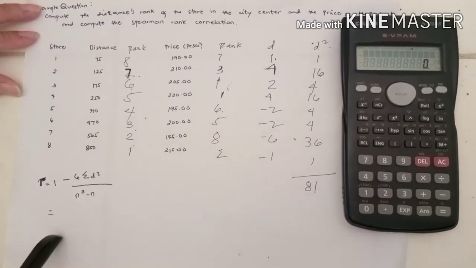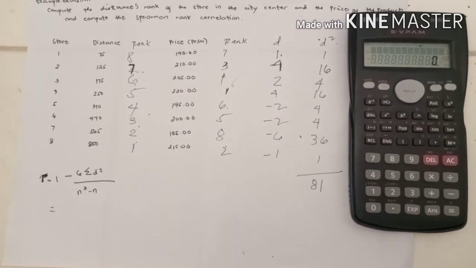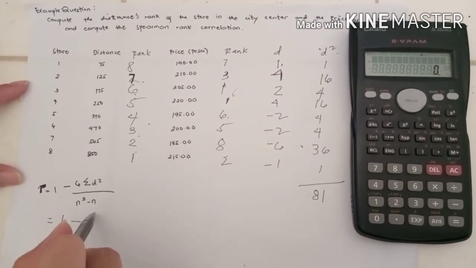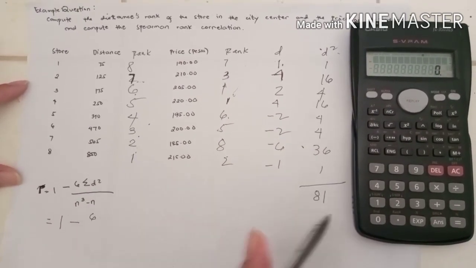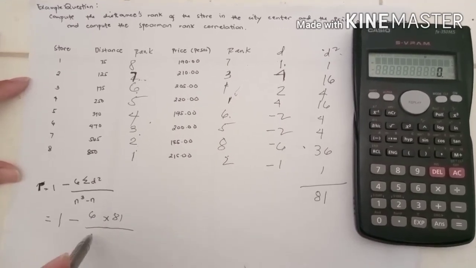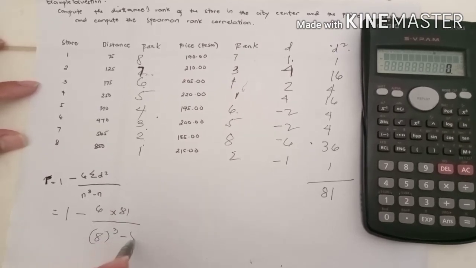Let's proceed to the formula of computing the Spearman rank correlation. Let's substitute the given: 1 minus 6 summation of D squared, which is 81, over n cubed minus n, which is 8 cubed minus 8.